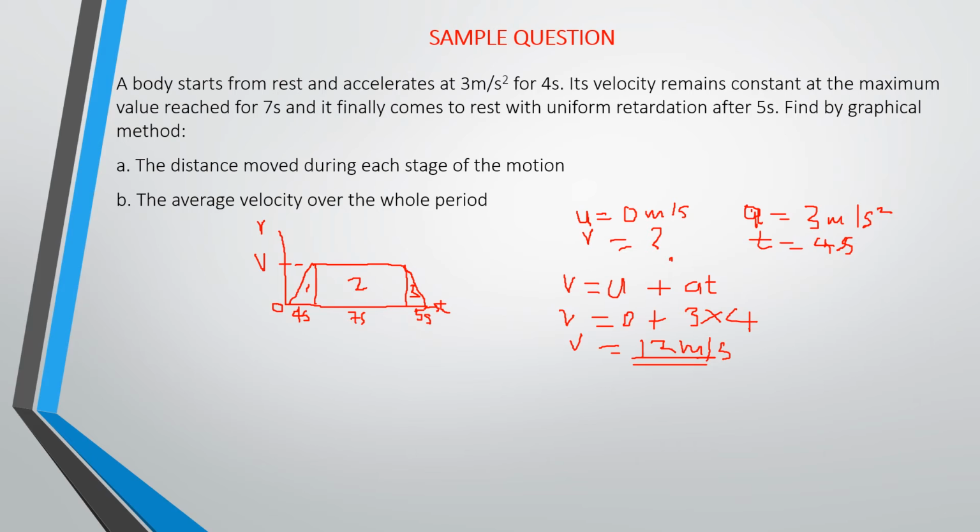For stage 1, as I said before, the distance covered is the area under this graph. This is a triangle, so that gives you half base times height. The height is the maximum velocity, which is what we have here.